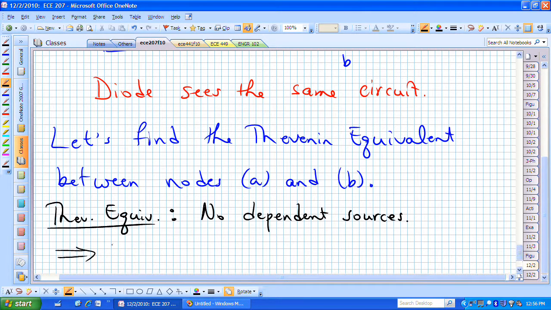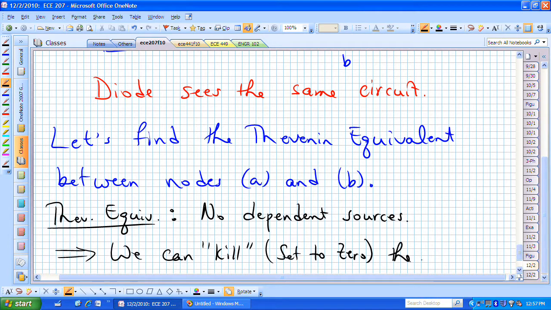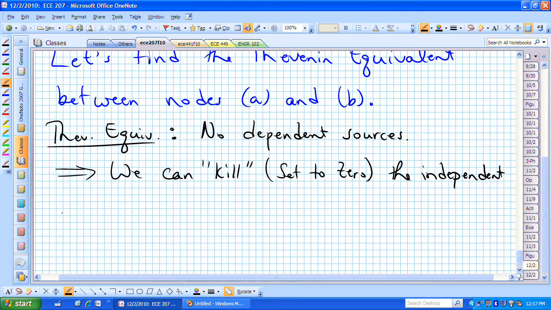That says that we can, what some people say kill, but that just means set to 0, the independent sources to find the Thevenin resistance, or R Thevenin, if we want.